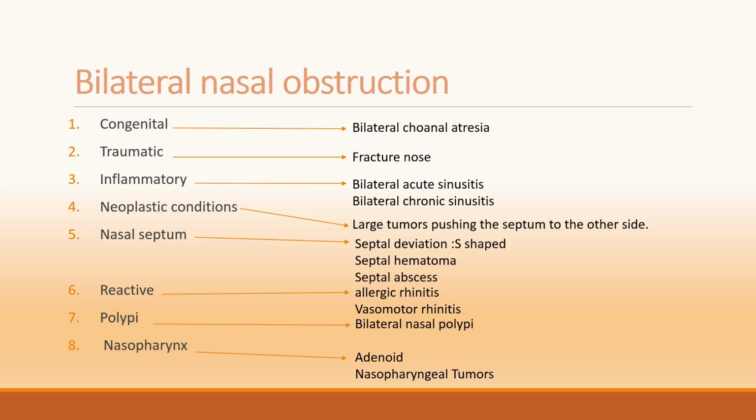And the nasal septum, the S-shaped, as I told you before, septal hematoma and septal abscess. Now we go to others like reactive causes, like allergic rhinitis, vasomotor rhinitis, and bilateral nasal polypi. And conditions in the nasopharynx like adenoids or nasopharyngeal tumors can cause bilateral nasal obstruction.